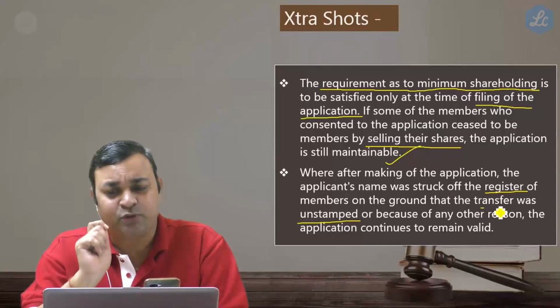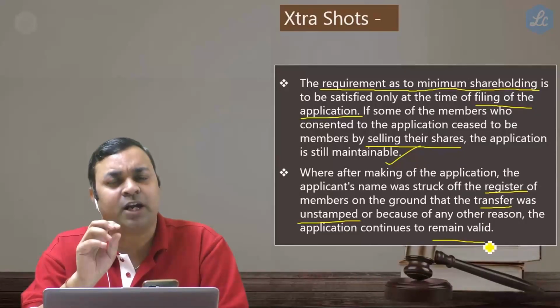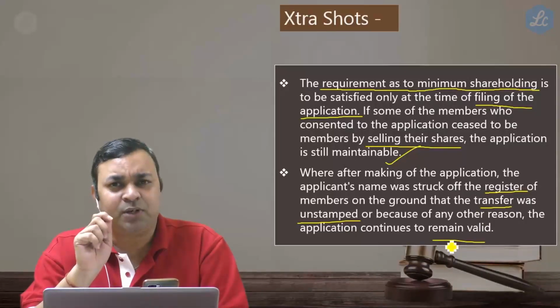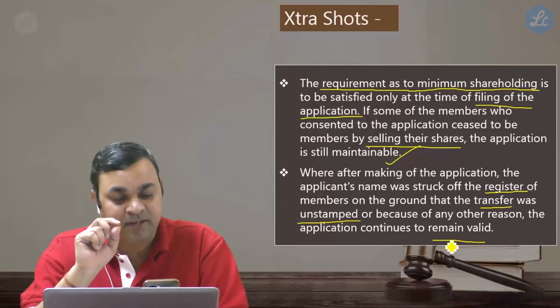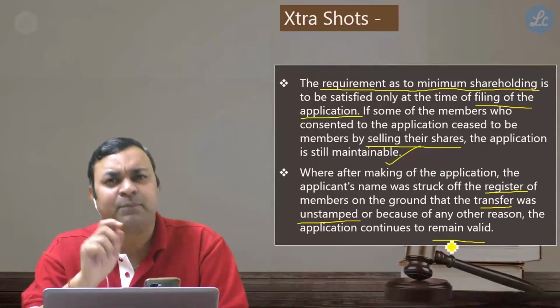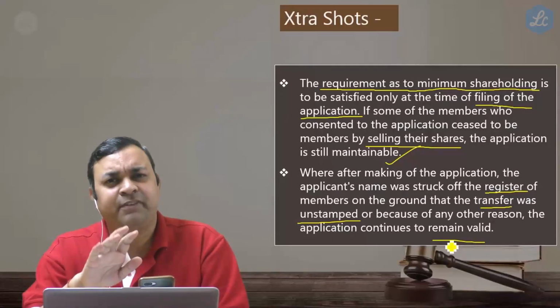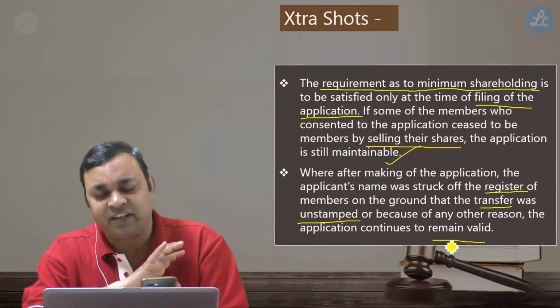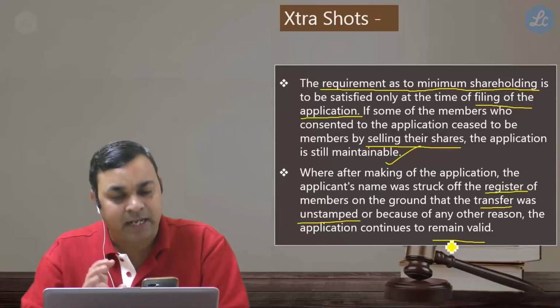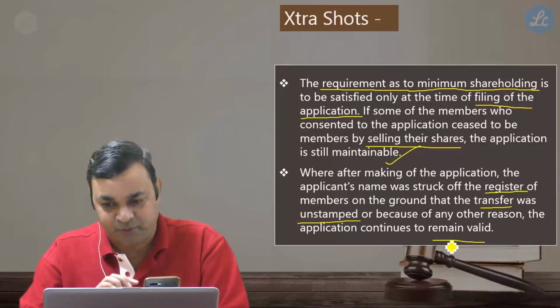This is the most important point. Whatever requirement of members, you need to comply at the time of making the application. In spite of that, whatever happens later will not affect the validity of your application. And this is the most important point.